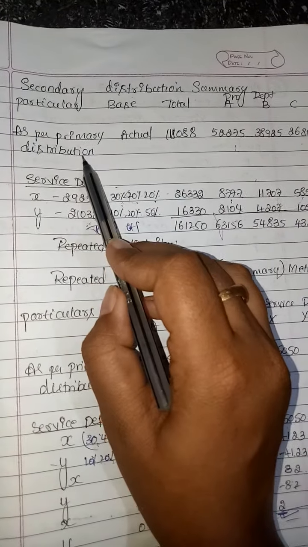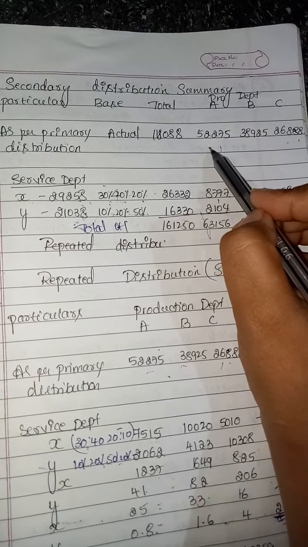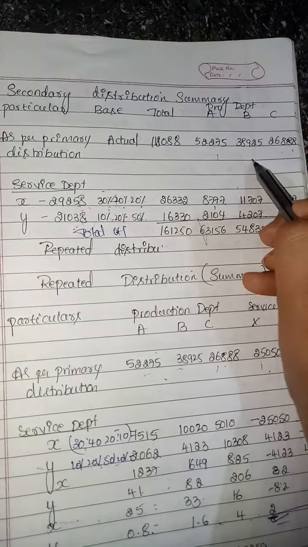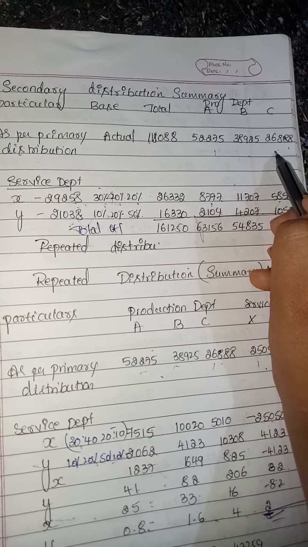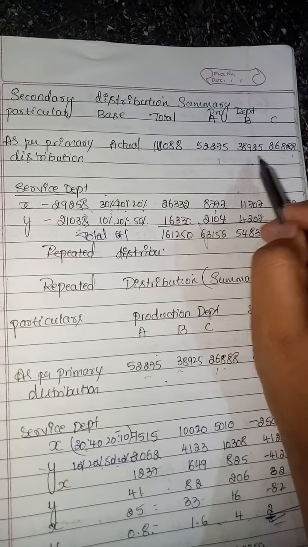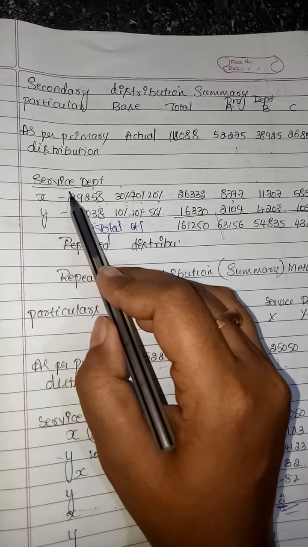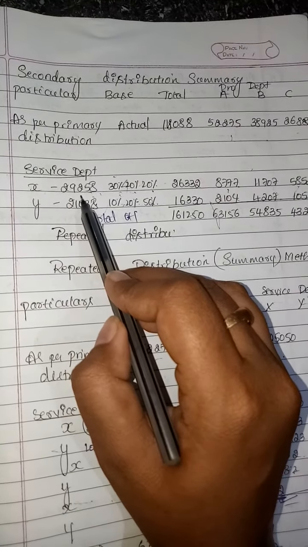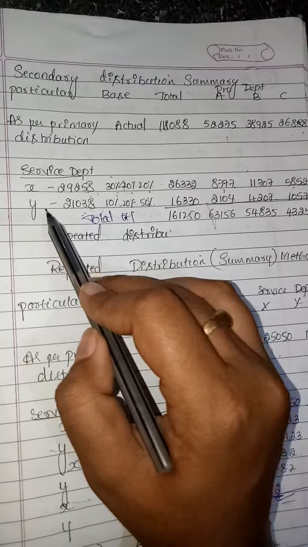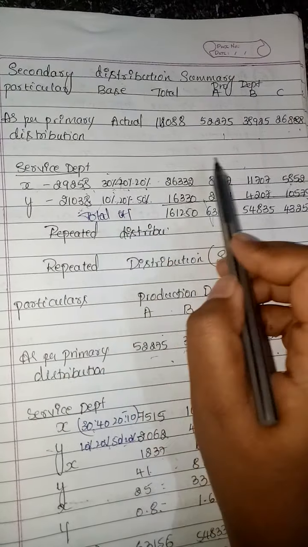As per primary distribution, we are getting the values like 52,225 Department A, Department B 38,925, Department C 26,888. These values we are getting from the primary distribution. Now in service department, we are getting in the simultaneous equation X department 29,258, Y department 21,038. Based on that we need to apportion the values.